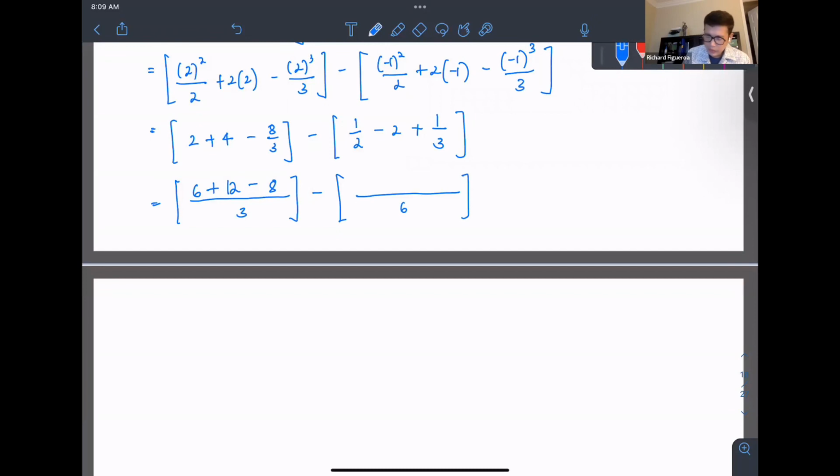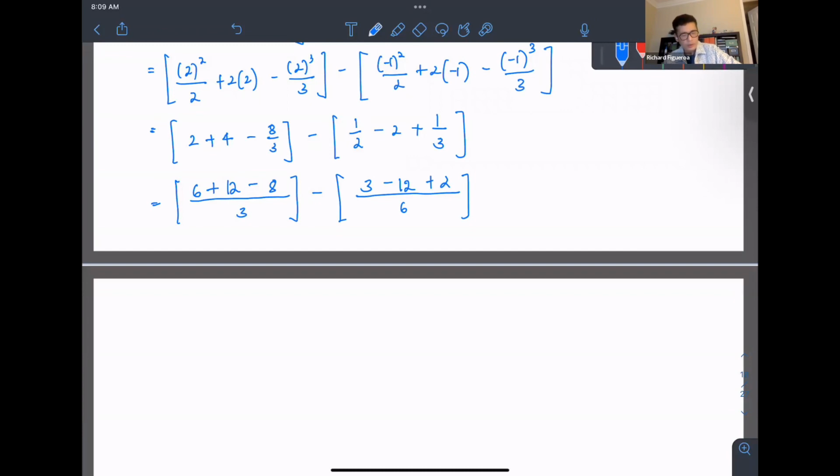So 6 divided by 2 is 3 times 1, that is 3. Minus 6 times 2, it's 12. And then 6 divided by 3 is 2. So plus 2.